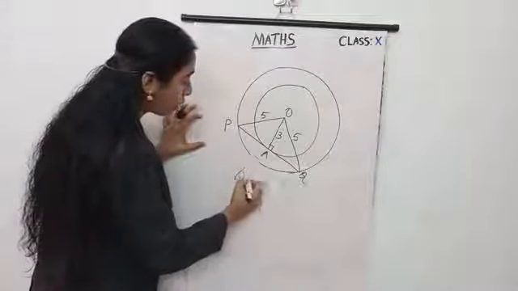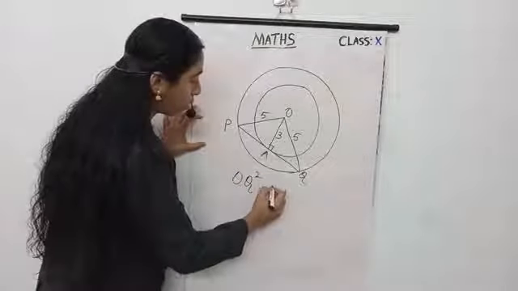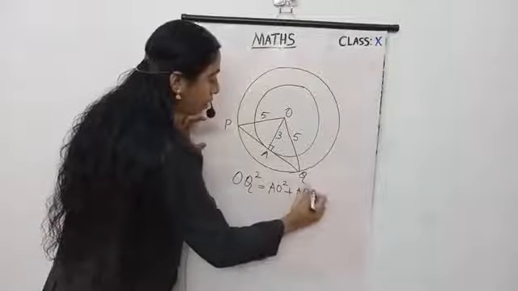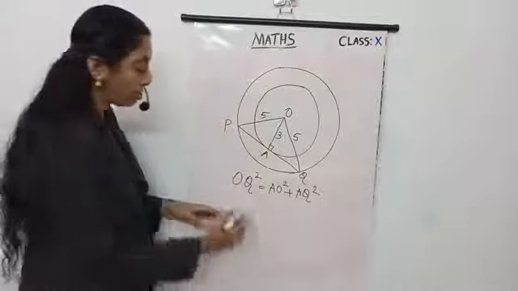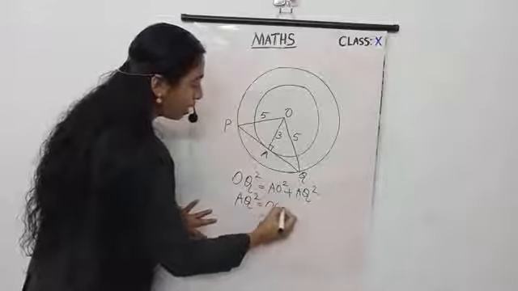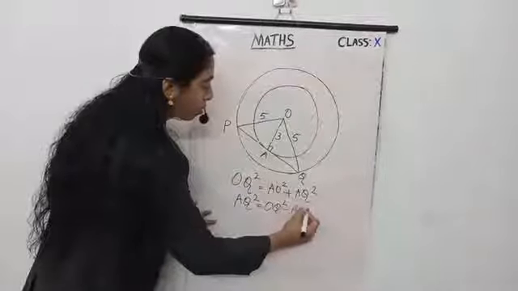Now OQ square is equal to AO square plus AQ square. We need to find AQ square. So AQ square is equal to OQ square minus AO square.